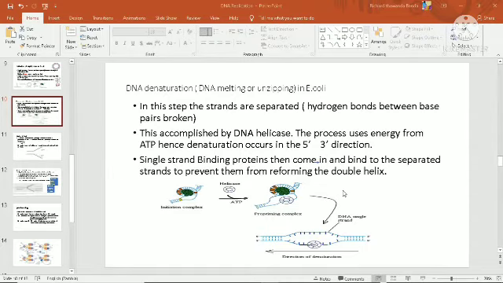So the unwinding will take place from the 5' direction going to the 3' direction. The helicase will go on like that, zipping. That's after you have the initiation complex, slightly ahead the DNA unwinds, then helicase comes in and starts breaking the hydrogen bonds there, separating the strands.